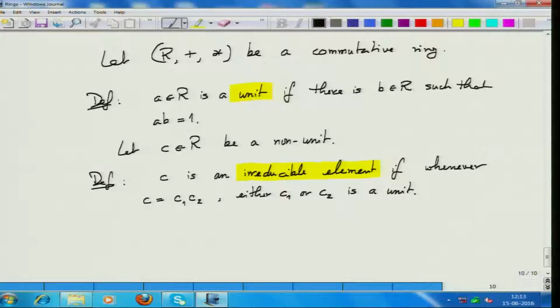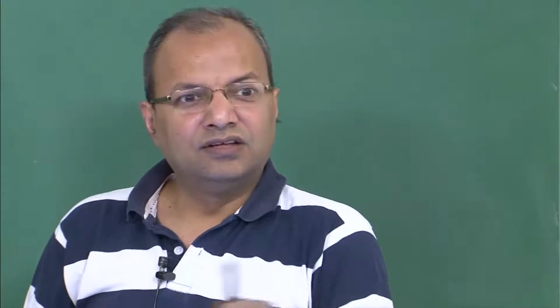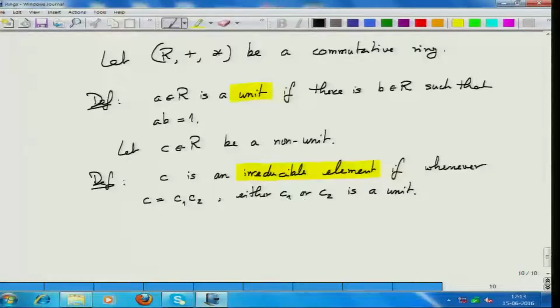Here we are not insisting that C1 or C2 be 1, we are saying that it should be a unit. Do you see a reason for that? There is a very simple reason, that if you try to mimic that definition, that C1 or C2 is 1.